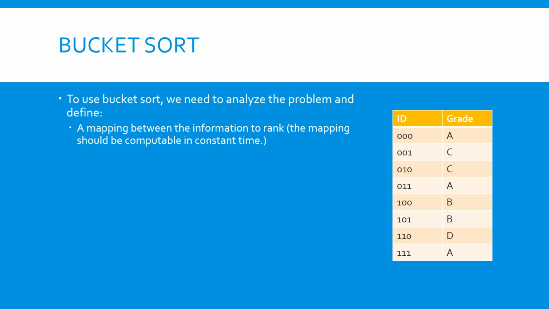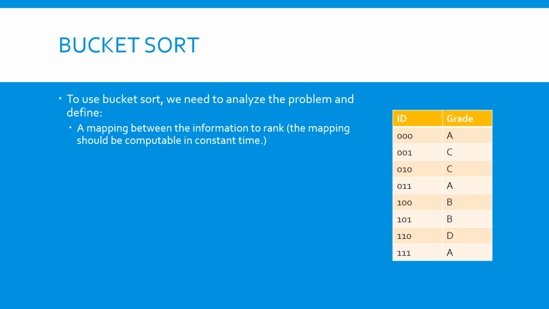Second, we should be able to find the mapping between the key information and the rank. For example, when sorting with the student ID, we may simply define the mapping from the IDs to their corresponding real numbers. Say we map the ID 000 to the real number 0, the ID 023 to the real number 23, and so on.